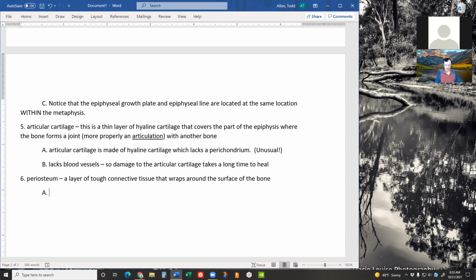The periosteum does a number of things for our bones. First off, it acts as an attachment point for ligaments and tendons, right? So tendons, muscle to bone, ligaments, bone to bone. When we're connecting bone to bone, those ligaments are going to ultimately attach to the periosteum around each of the bones being tethered.